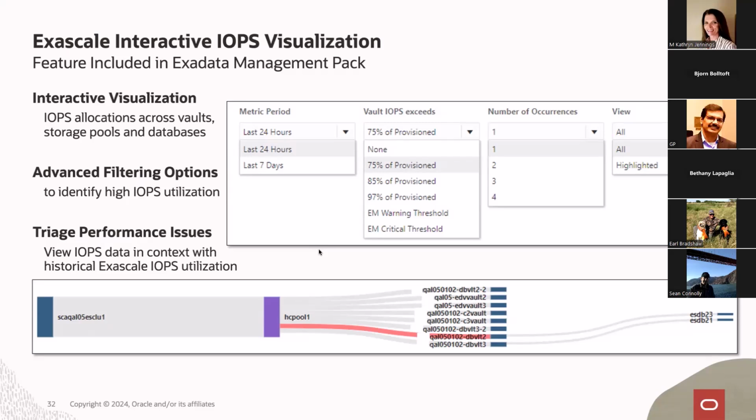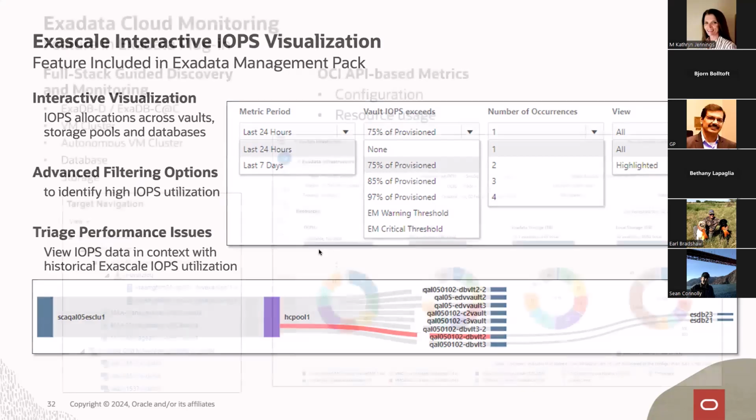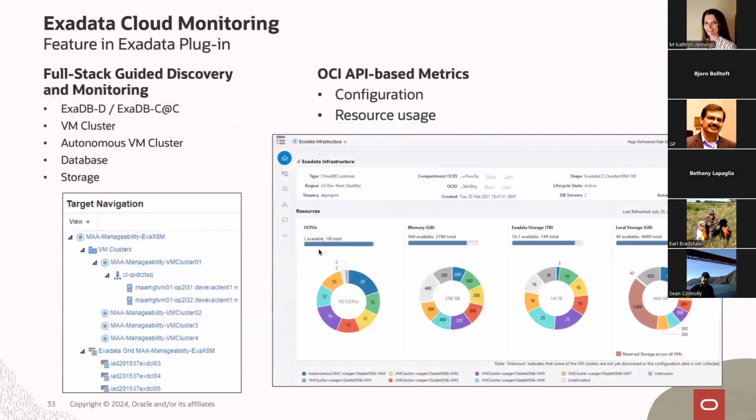So 97%, 75% or something like that. We have critical thresholds set up and can visualize that in this diagram. The same for Exadata Cloud Monitoring. There are lots of features included, and we have built this for a long time now.